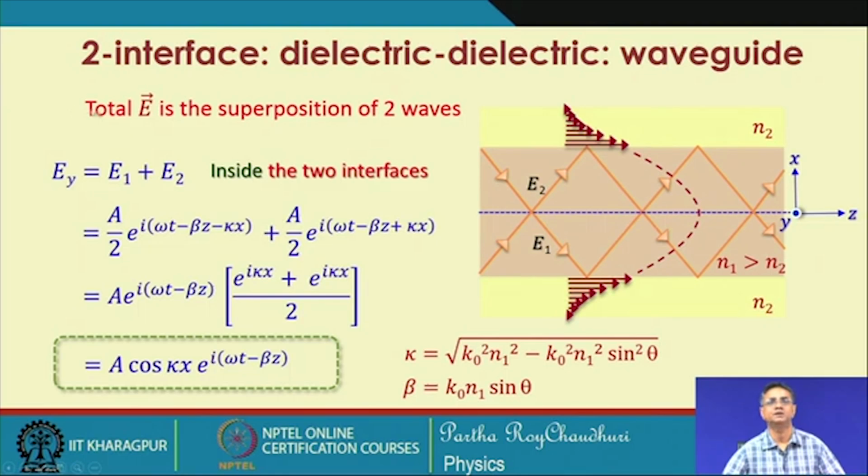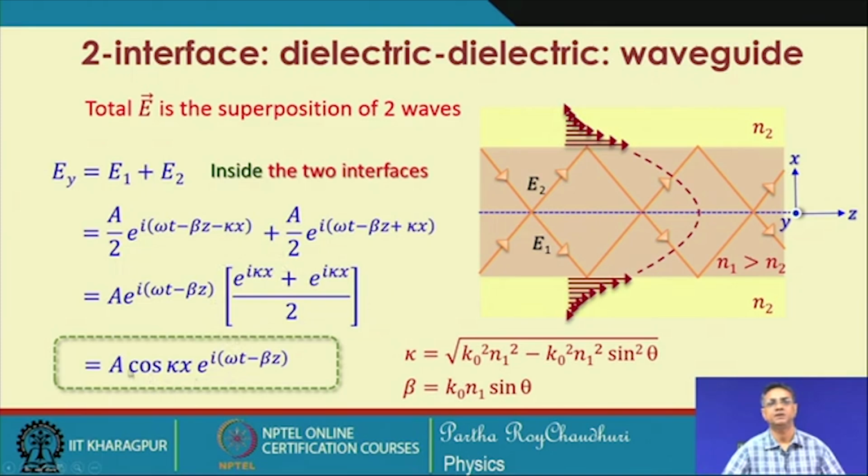The total electric field is the superposition of these two waves, E 1 and E 2. A very simple manipulation shows that this can be written in terms of e to the power of plus i kappa x plus e to the power of minus i kappa x. This quantity is nothing but the cosine of kappa x.